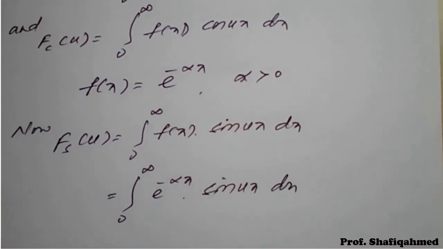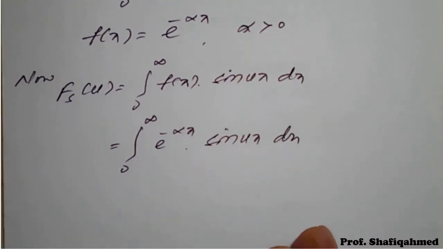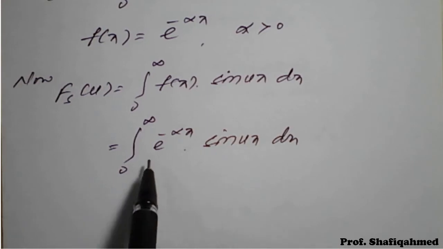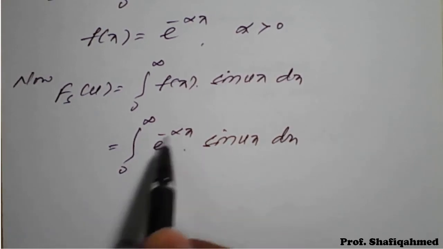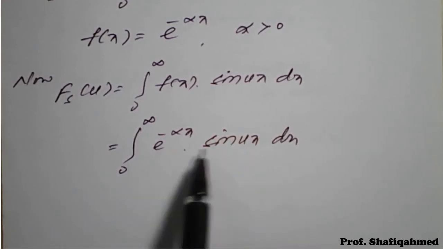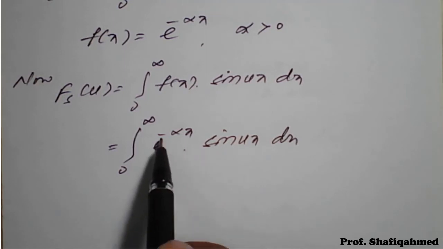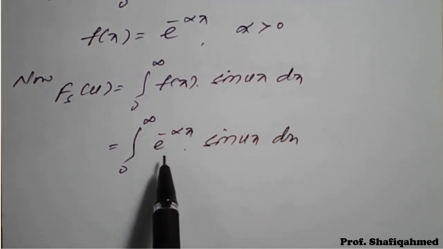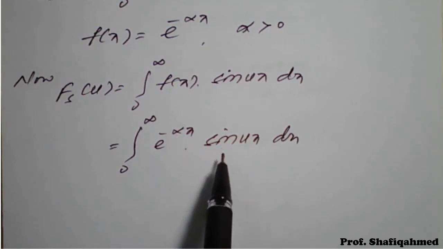So this integral we need to simplify now. To solve this integral, we can apply one of the standard formulas directly, the formula for e raised to ax into sine bx.